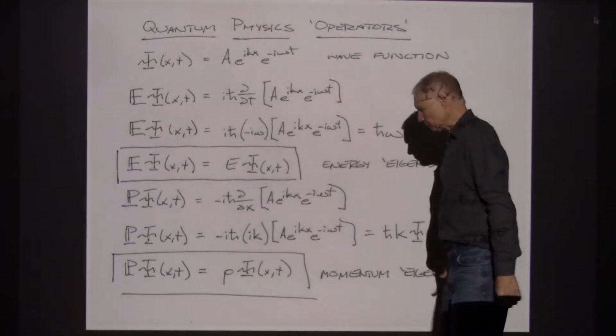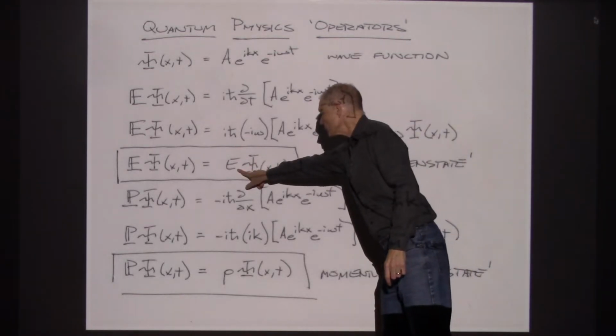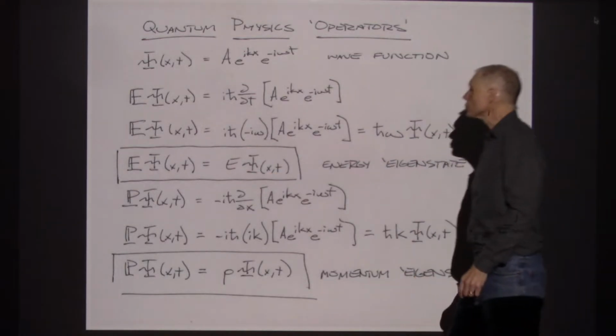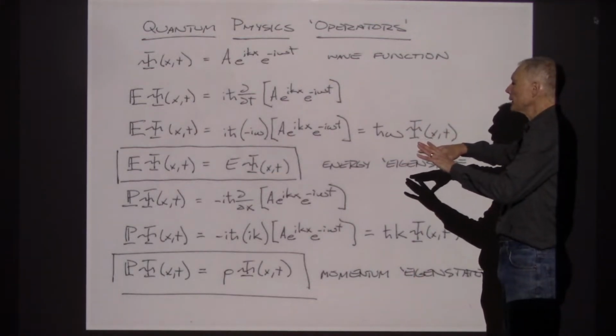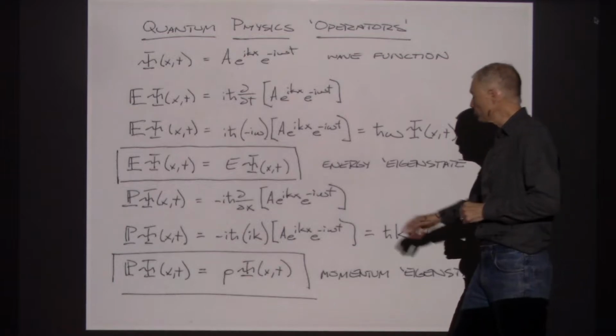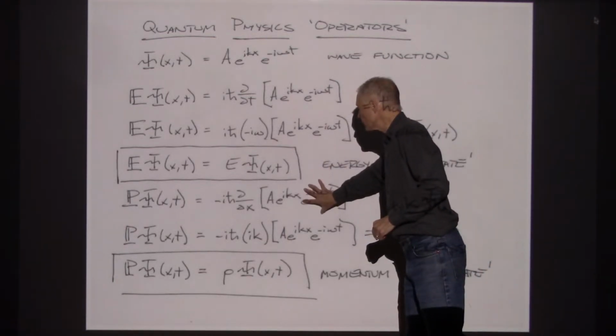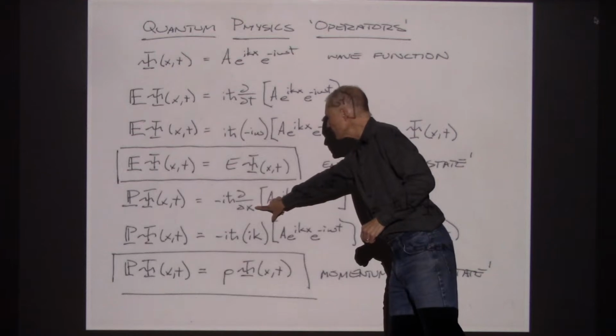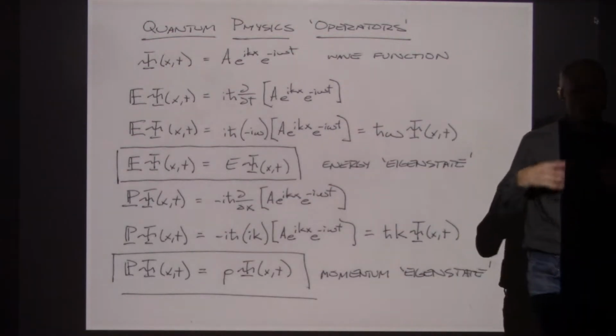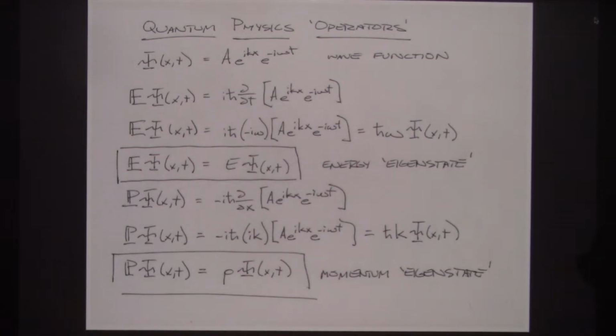H bar omega is the energy of that particle. So doing a series of operations gives us the energy times the wave function back. Momentum works the very same way, except momentum involves taking derivatives with respect to x, y, or z, depending on which component of momentum we're looking at.